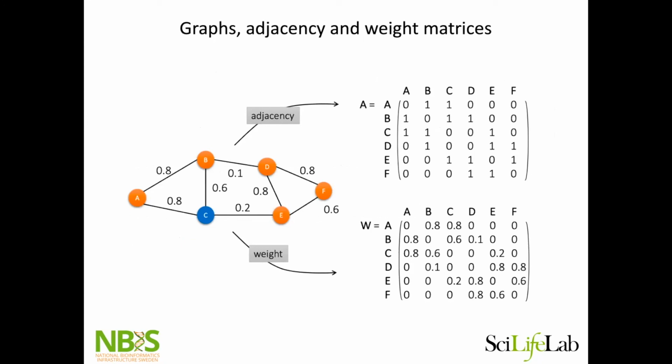When we create graphs, I think Paulo also showed this, it can easily be represented as an adjacency and weight matrix. The adjacency matrix is basically just zeros and ones. Node B, or cell B in this case, has edges to cell A, C, and D. And cell D has edges to B and E and F. This is what you would get if you do a KNN graph in these single cell packages.